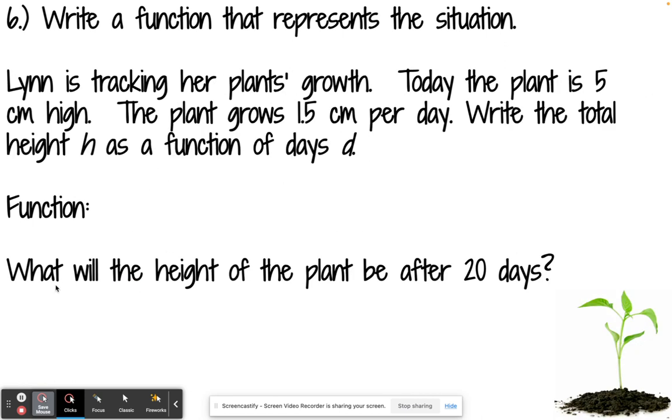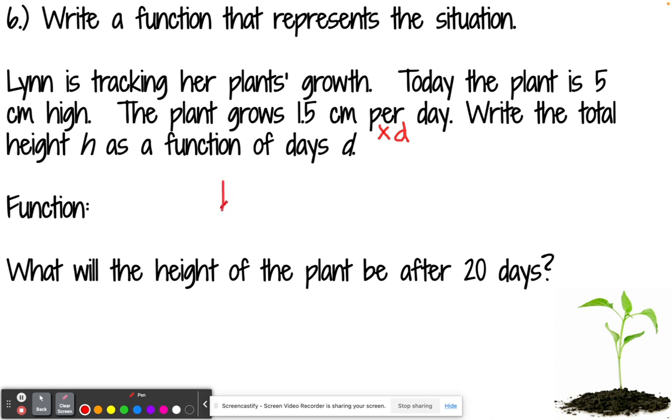Okay, I have another situation. I have Lynn. She's tracking her plant's growth. Today her plant is 5 centimeters high and it grows 1.5 centimeters per day. Multiply my 1.5 times my number of days. I want to know its height as a function of days.